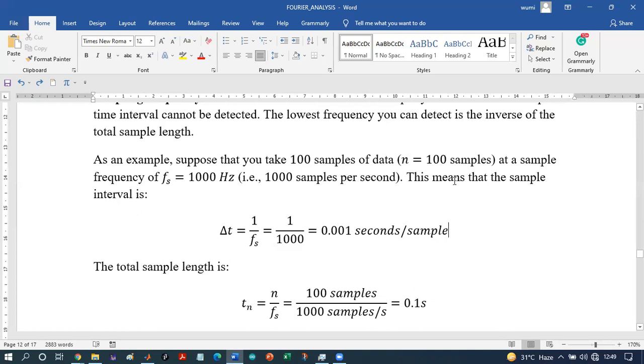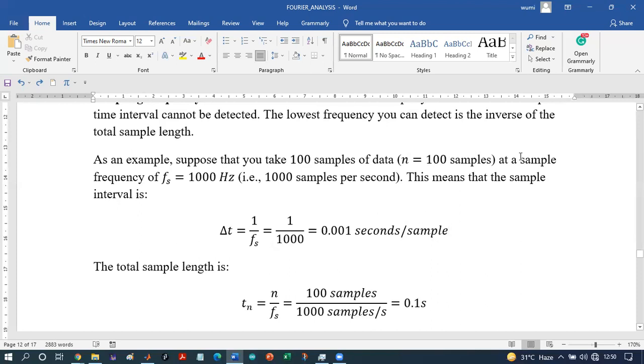When you do that calculation, your answer is going to be in seconds. So the sample length is given by n over fs, where n is the number of samples and fs is the sampling frequency.